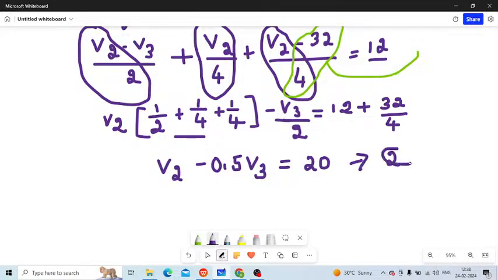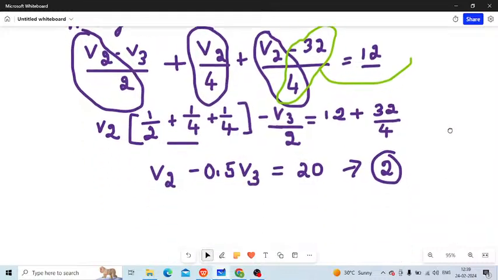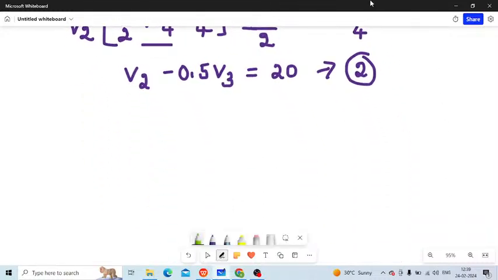This is equation number 2. And here it is equation number 1. Okay, now apply KCL to node V3 again.